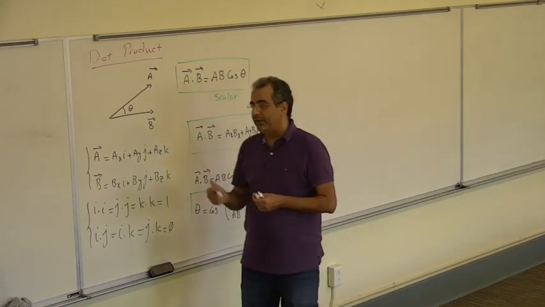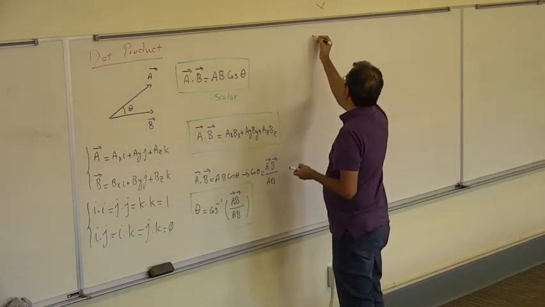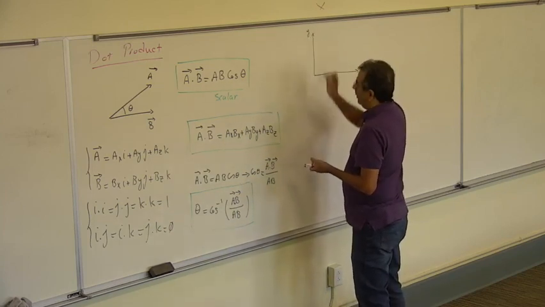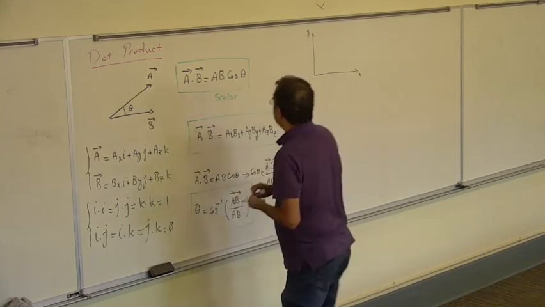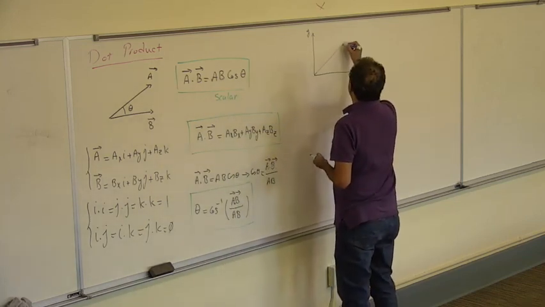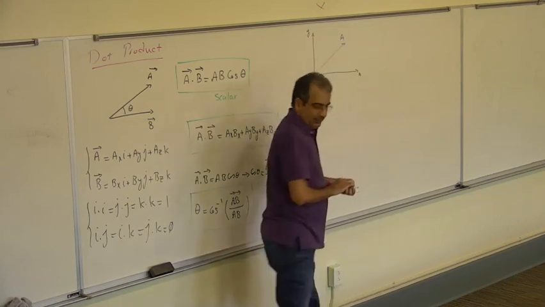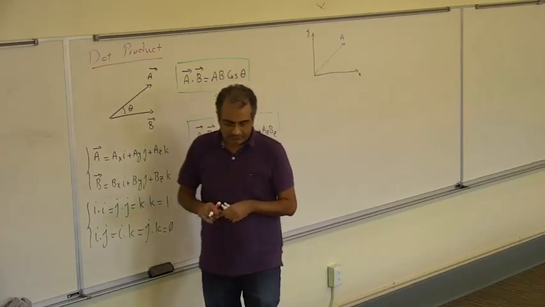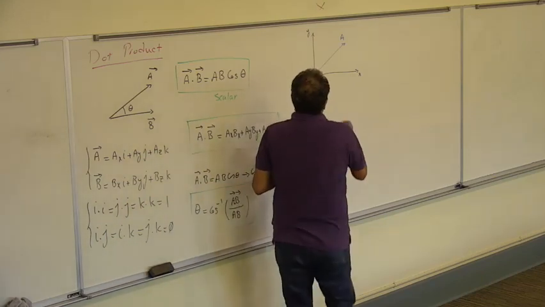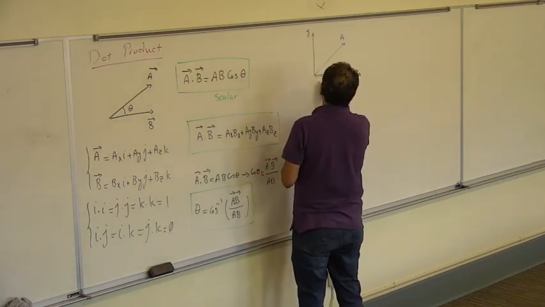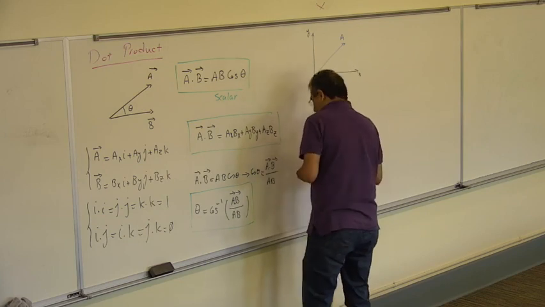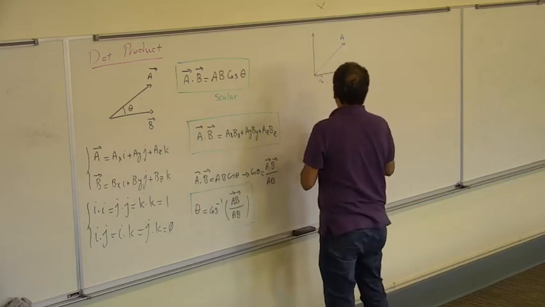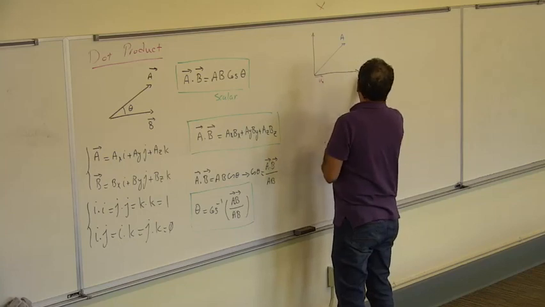So next, if I have x and y, and then I have the vector A here, and then let's make it u and v, so it's not x and y, so u axis and v axis.